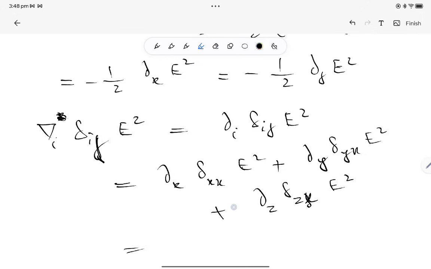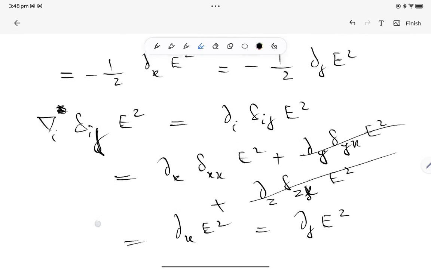Now here delta xx is 1. Rest of these are 0 and 0. You are left with this, and then it is del x e square, because this is 1. Now what was x used for? It was used for j, so we got del j e square. Now hope that it is all clear to you.